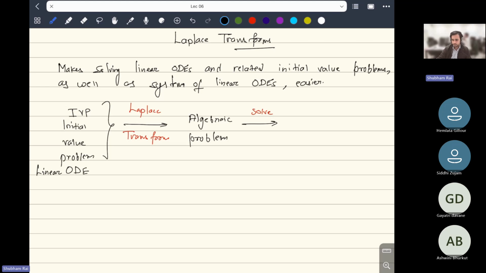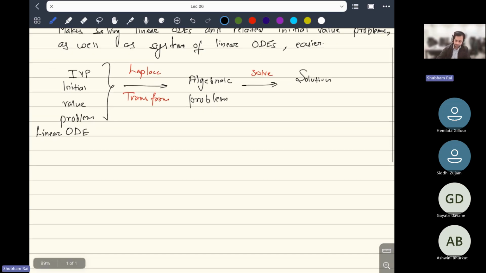After solving the algebraic problem, we will get the solution, basically the solution of our initial value problem. So the key step is that we are converting our differential equation into an algebraic equation, and then it is very easy to solve algebraic equations.